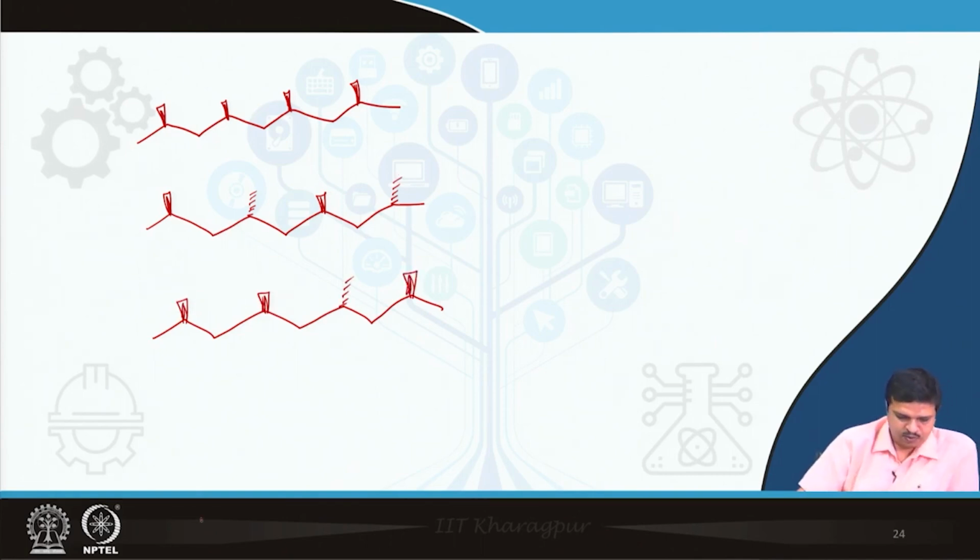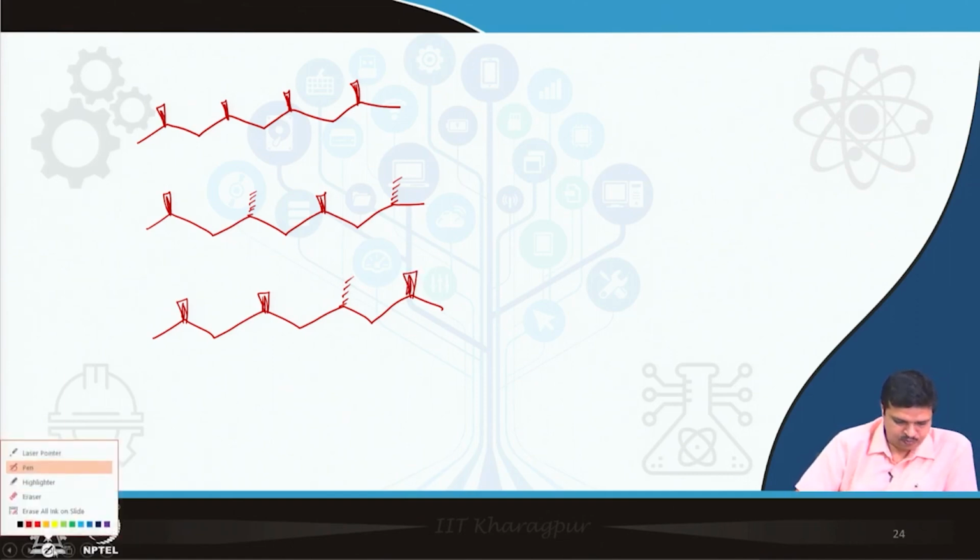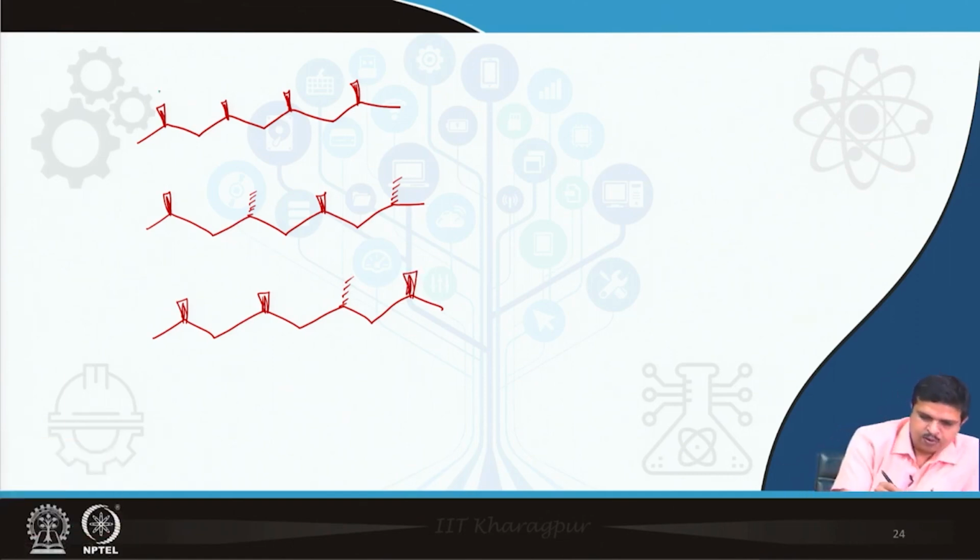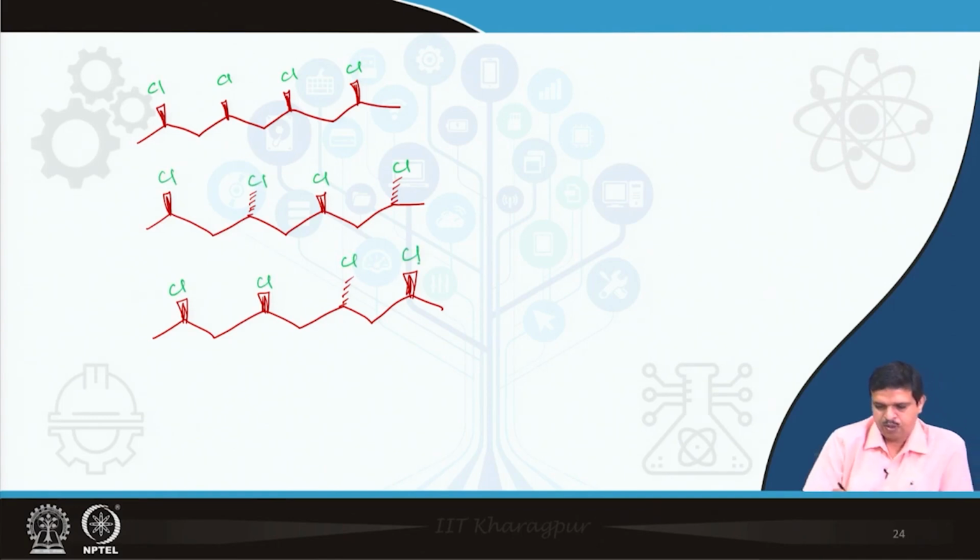You just put chloride here, just a chloride here. Okay. So, this is basically a fragment of the PVC polymer. Here you will see, in the same way, this is isotactic, this is syndiotactic, and obviously this is the atactic.